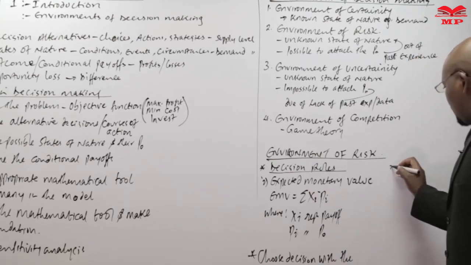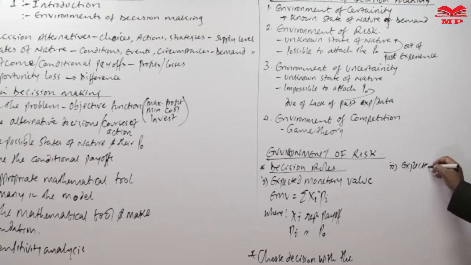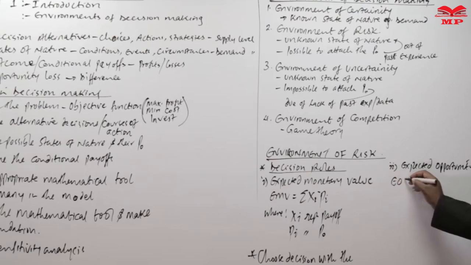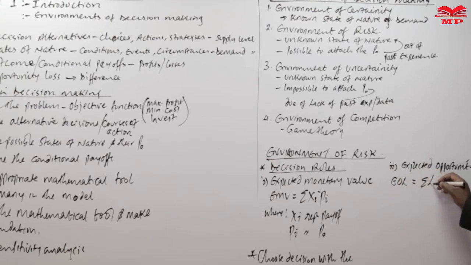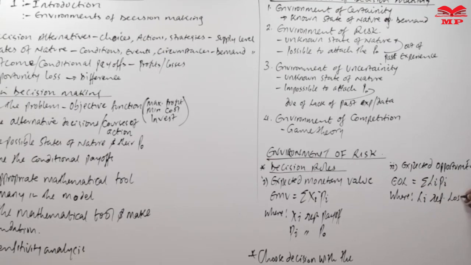Then the second one is expected opportunity loss. So this one is EOL. Now this EOL is the summation of LI, PI, where LI represents the loss, while PI represents the probability.